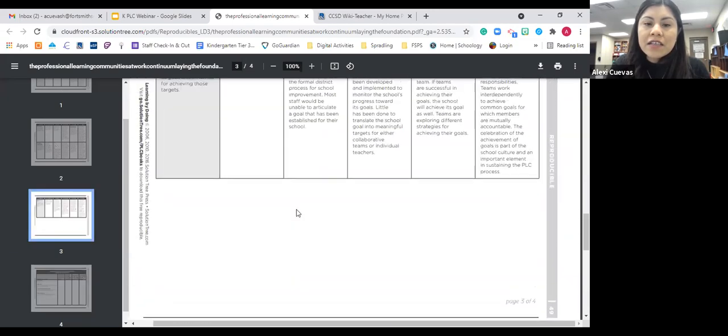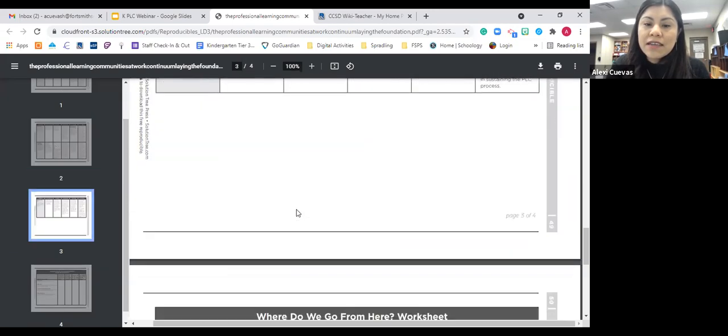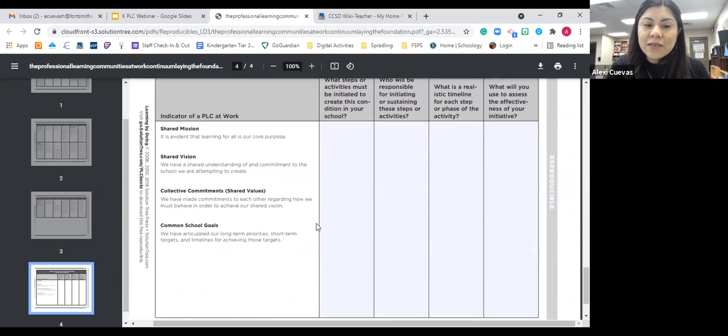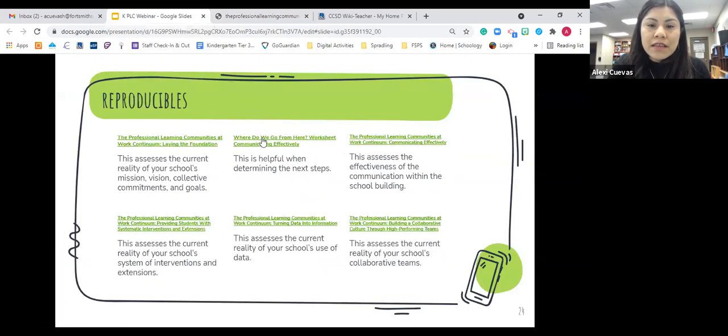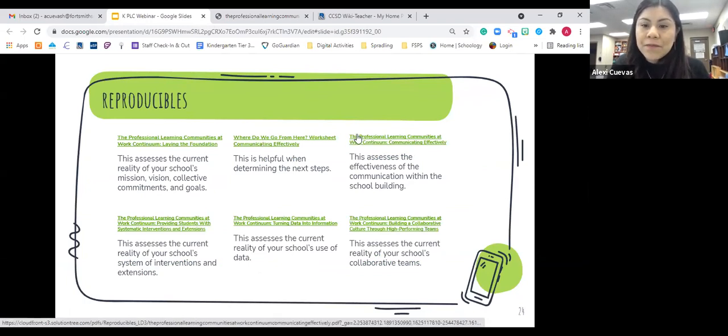So the survey is part 1, and then the very last page of the surveys is part 2, where you plan what you plan on doing. So this one right here is what I just showed you. This is helpful when determining the next steps when you're ready to plan.